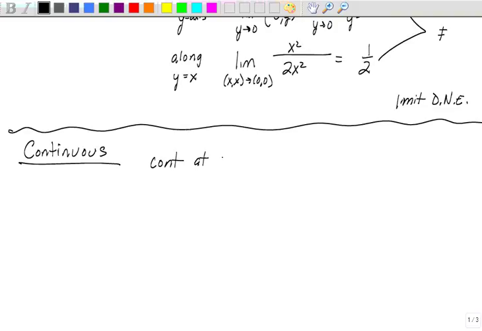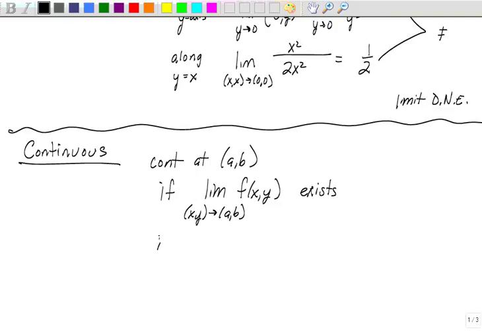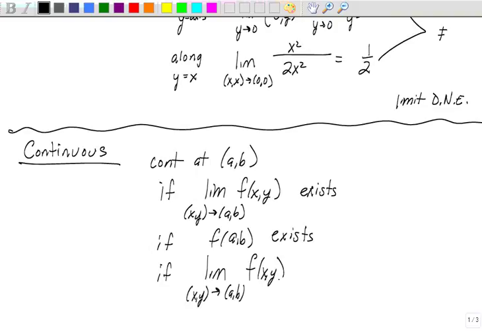Continuous at a point (a, b) if the limit as (x, y) approaches (a, b) exists, if the function is defined at (a, b), and if the limit is equal to the value at the point. Okay, so you have to have these three conditions to be continuous.